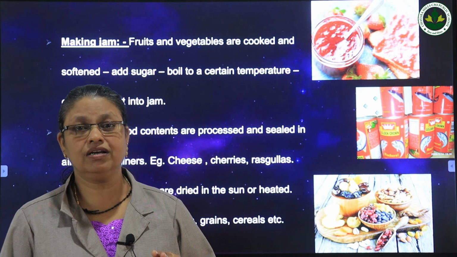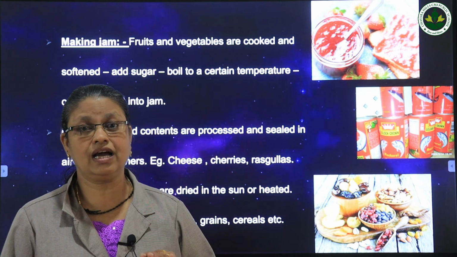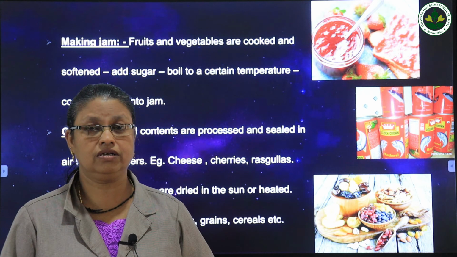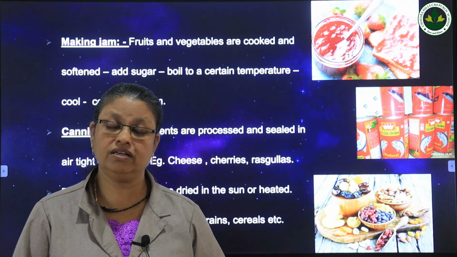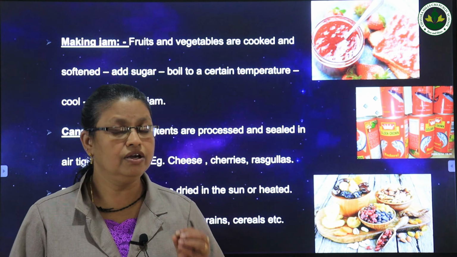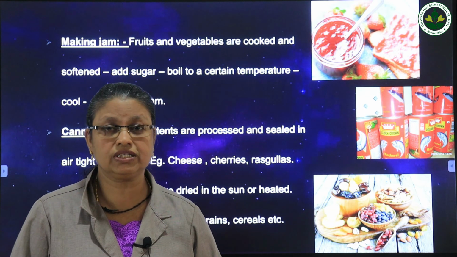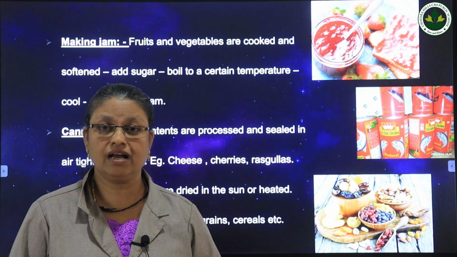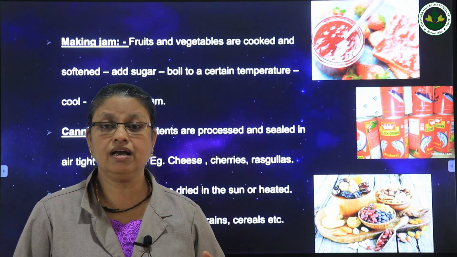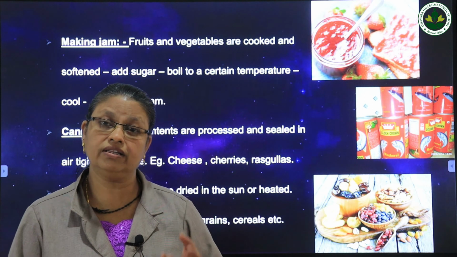We keep that in airtight containers, and we can use it. And we dry grains like rice, wheat, millets, etc. All the grains we dry and use, and also the pulses like green dal, black dal, beans, peas, we dry and keep for further use.